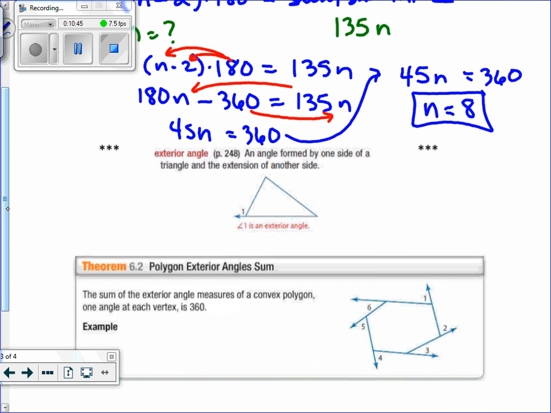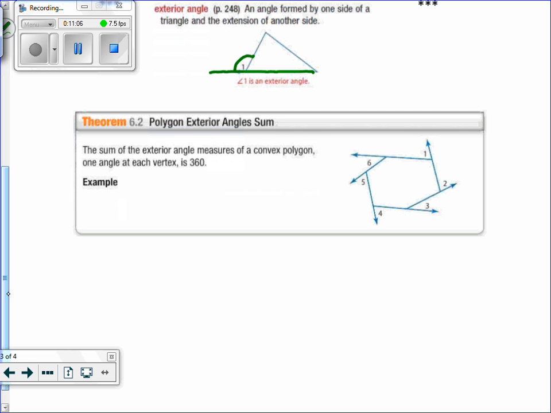Okay, we talked about interior angles. Let's talk about our exterior angles real quick. An exterior angle is created by taking one side of your polygon and extending that out past the figure, and then making an angle with the side adjacent to it. So that would be an exterior angle. We've got a picture of several exterior angles in our box.